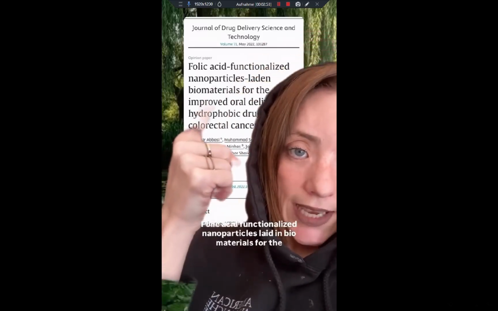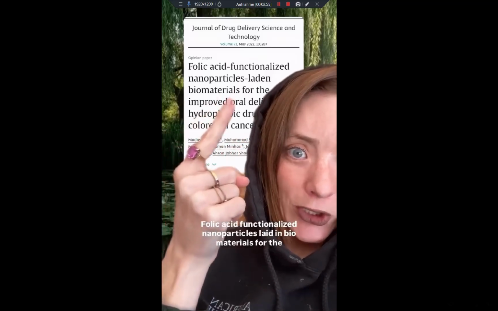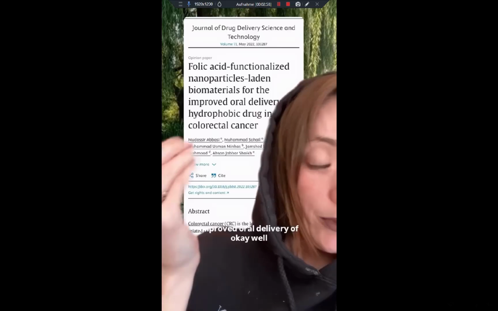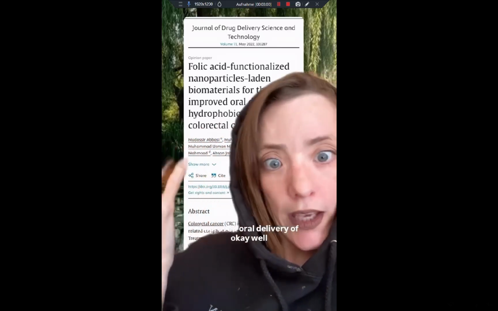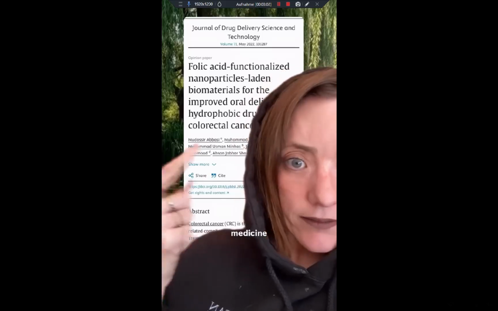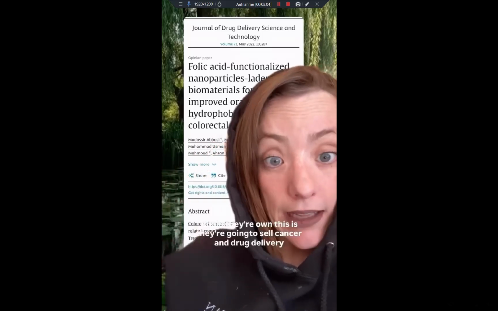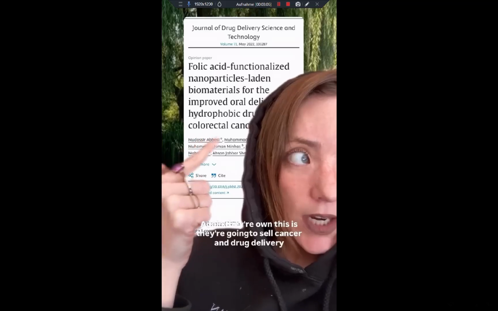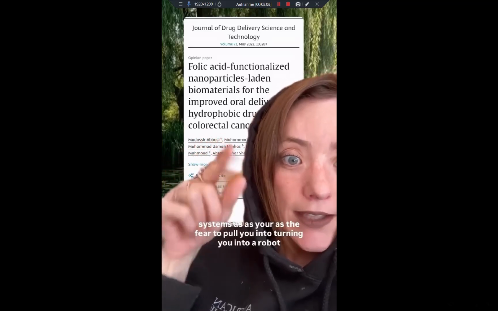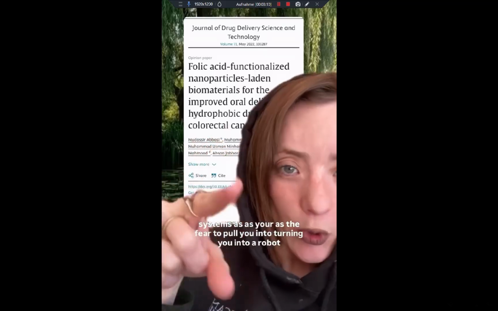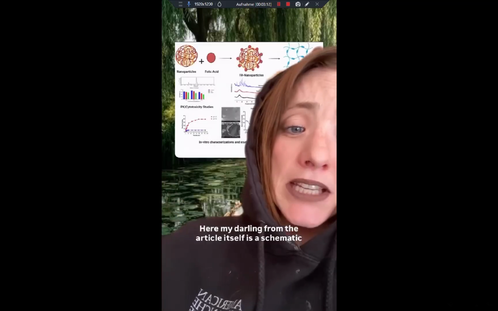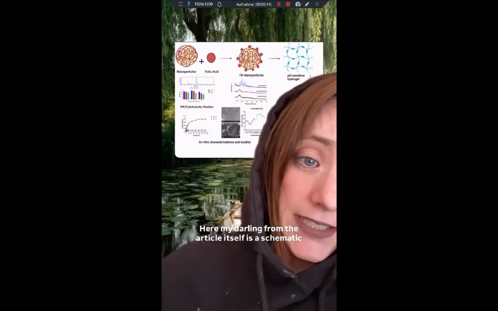Here we go. Folic acid functionalized nanoparticles-laden biomaterials for the improved oral delivery of medicine, colorectal cancer. Again, they're going to sell cancer and drug delivery systems as the fear to pull you into turning you into a robot. And here, my darling, from the article itself is a schematic.